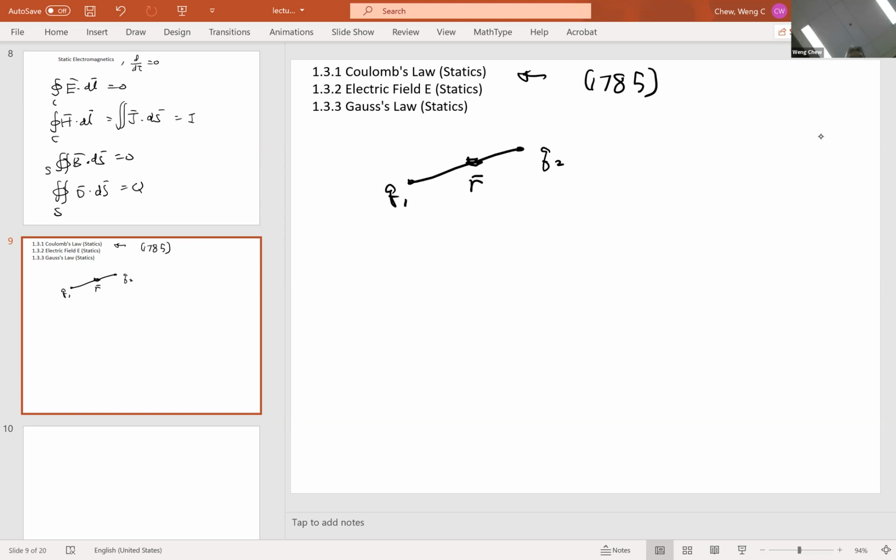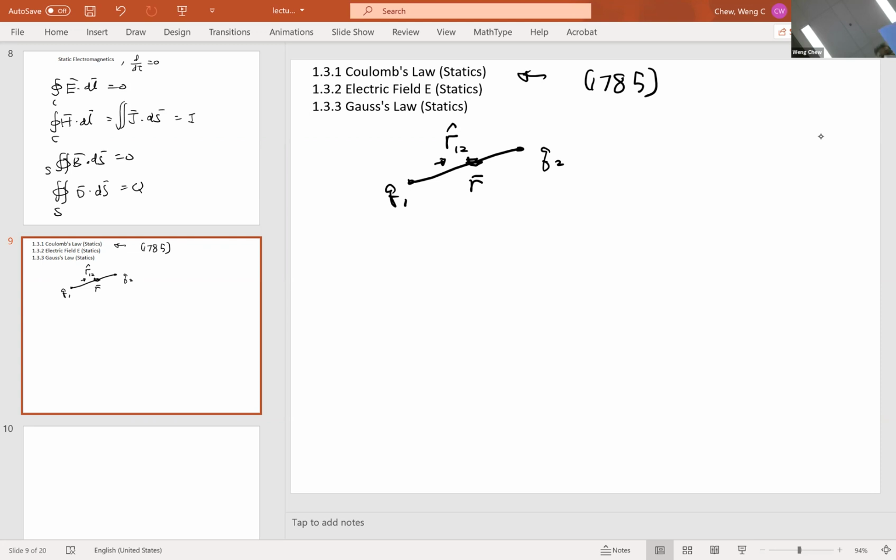And then I can use R12 hat to denote this unit vector. We will use a hat to denote a unit vector. Everybody knows what a unit vector is: a vector with unit magnitude of 1.